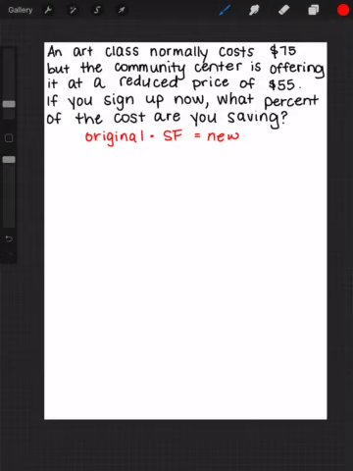It normally costs $75, so we have 75 times x equals our new cost of $55.